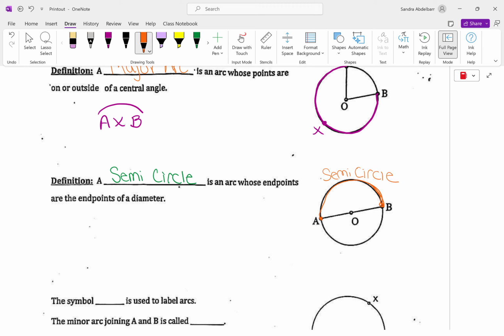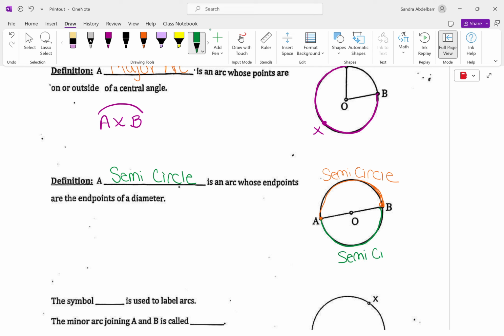How many semicircles does this triangle have? Just 0? No. A semicircle is not a triangle. Oh, I said triangle. I'm sorry. How many semicircles does this circle have that's drawn in? 2, yeah. Sorry. So now there's another semicircle this way.